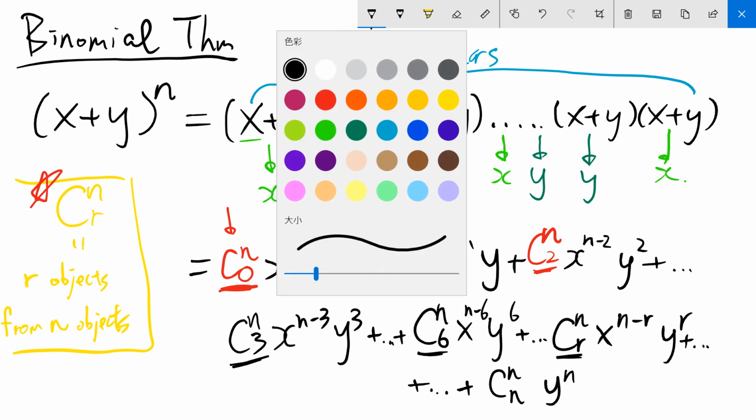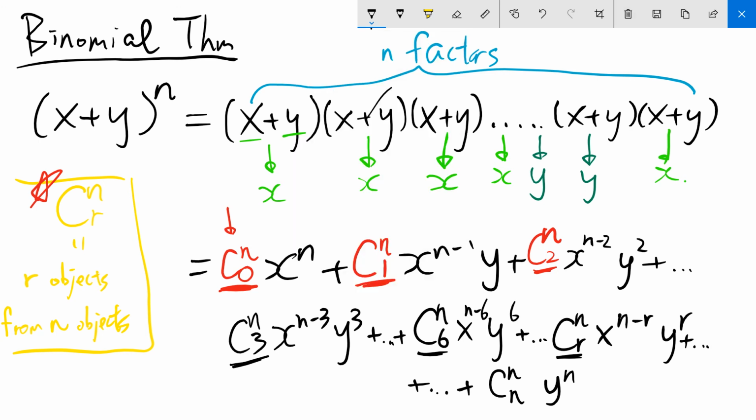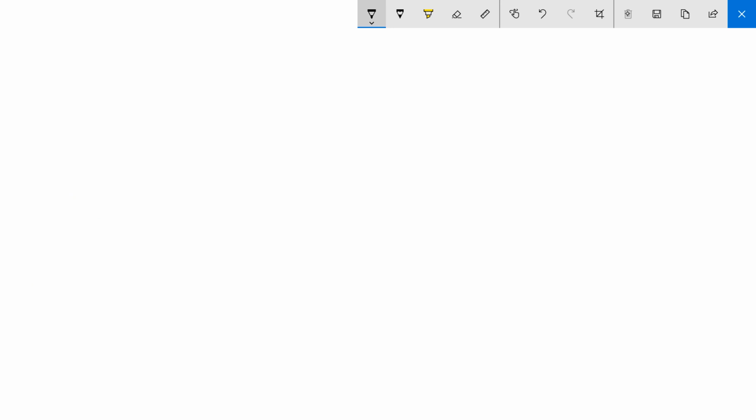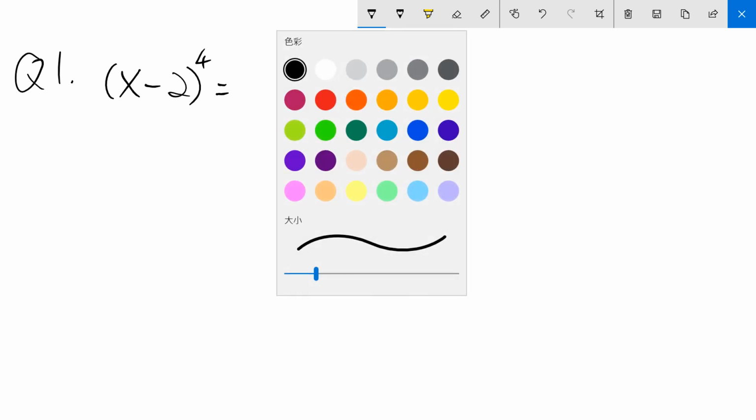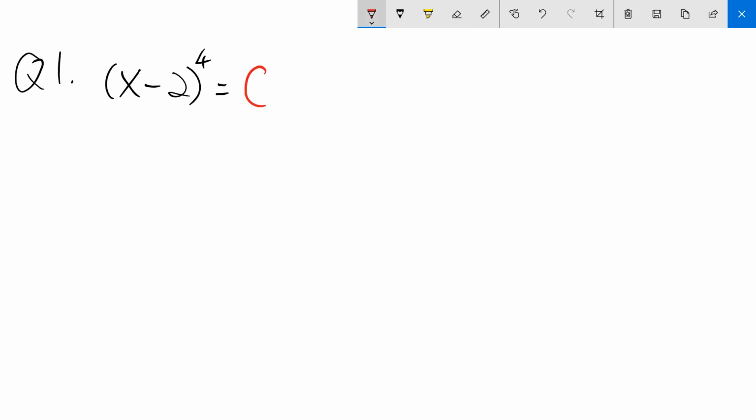Okay, let's do 1 or 2 examples. Question 1: expand (x minus 2) to power 4. So here n is 4.